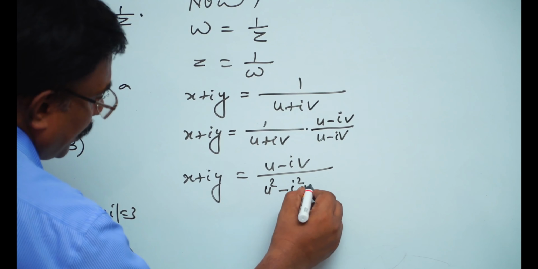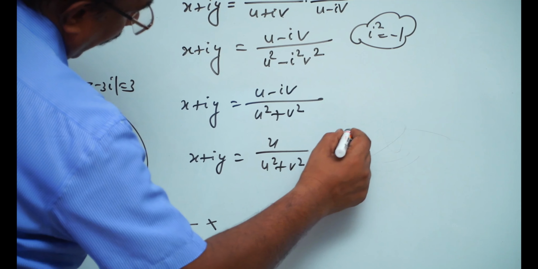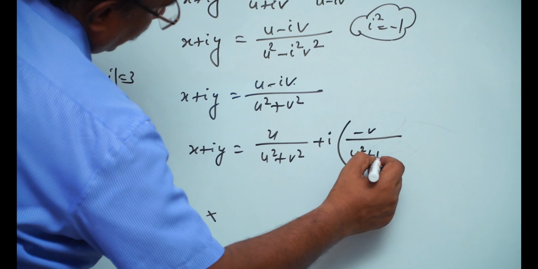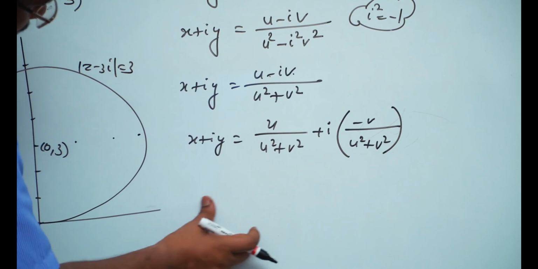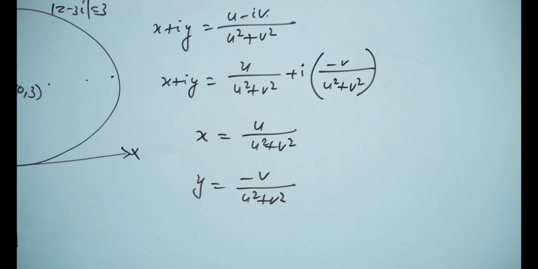X plus iy is equal to u divided by u square plus v square, this is the real part, plus i of minus v divided by u square plus v square, this is the imaginary part. Here x is equal to u divided by u square plus v square, y is equal to minus v divided by u square plus v square.